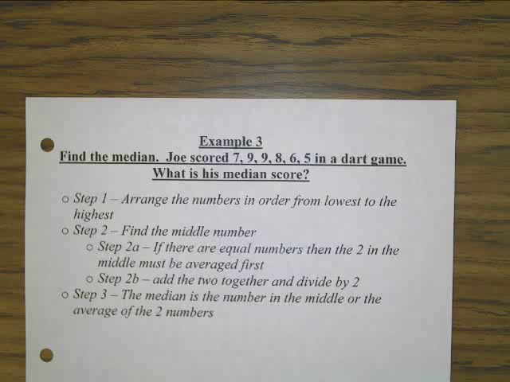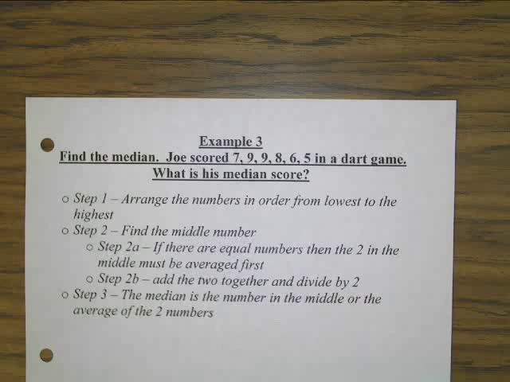Step 2A is if you have an equal amount of numbers, you pick the 2 numbers that are in the middle, and you average them. To average them, you do step 2B. So you take and add the 2 numbers together, and then divide by 2.